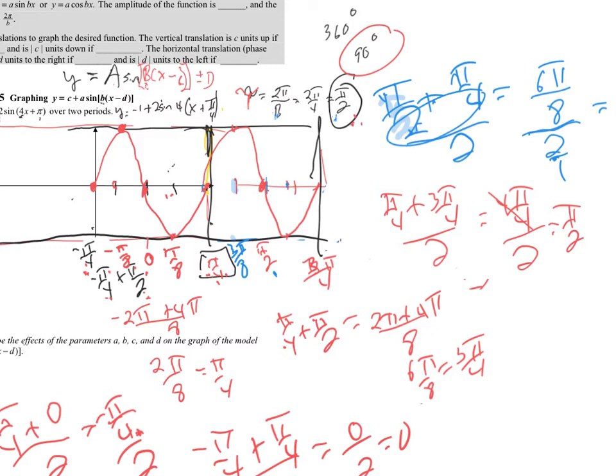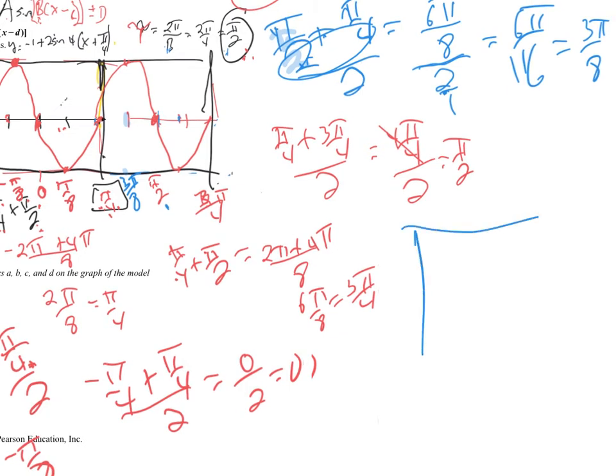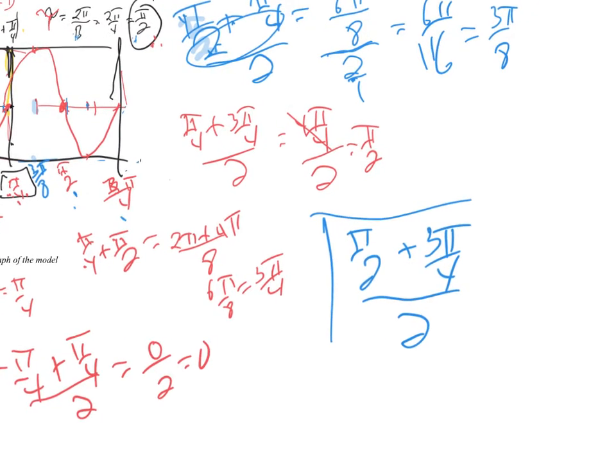And I'm running out of, I have virtual space, but I'm running out of room close to it. So here goes. Between pi over 2 and 3 pi over 4, I add those together and divide that by 2 to get the average. That gives you the middle.